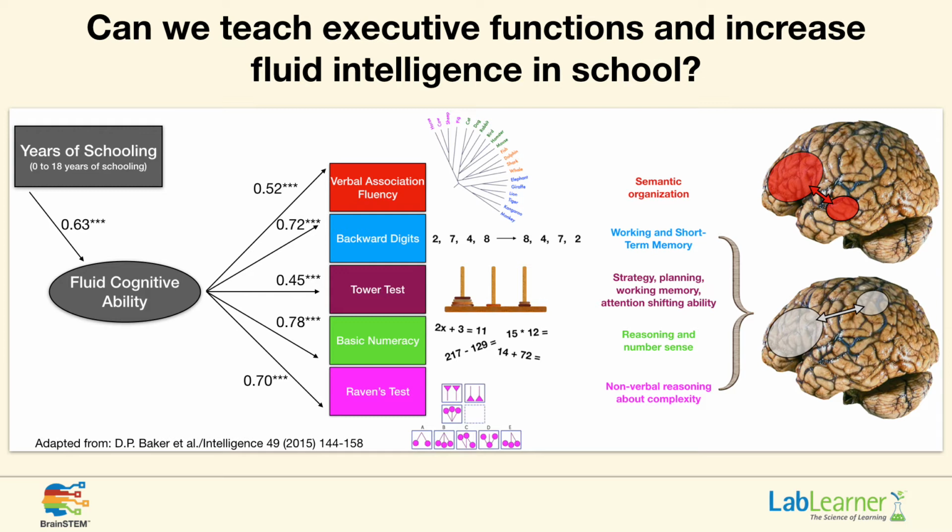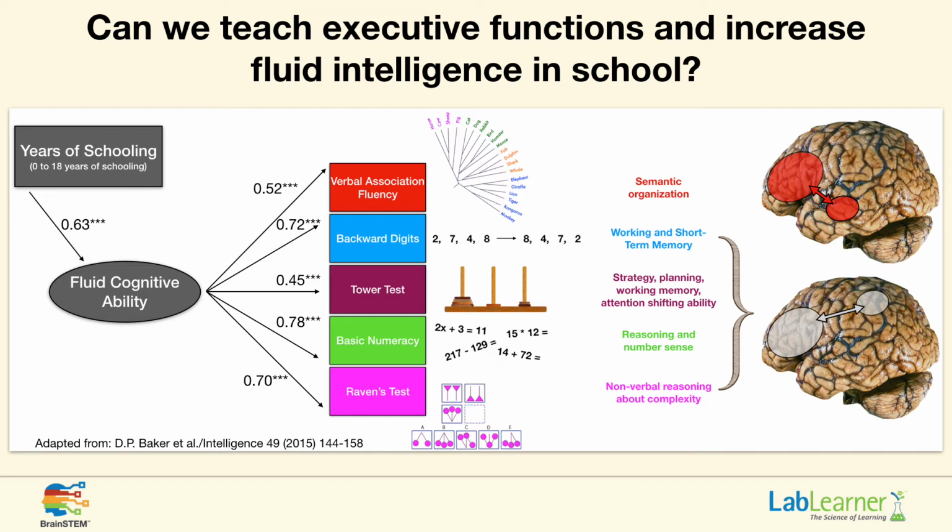You see that the correlation is very high at 0.63. It's positive and it's very high. So in this study, they were able to show that formal education, classroom education, increases fluid intelligence.